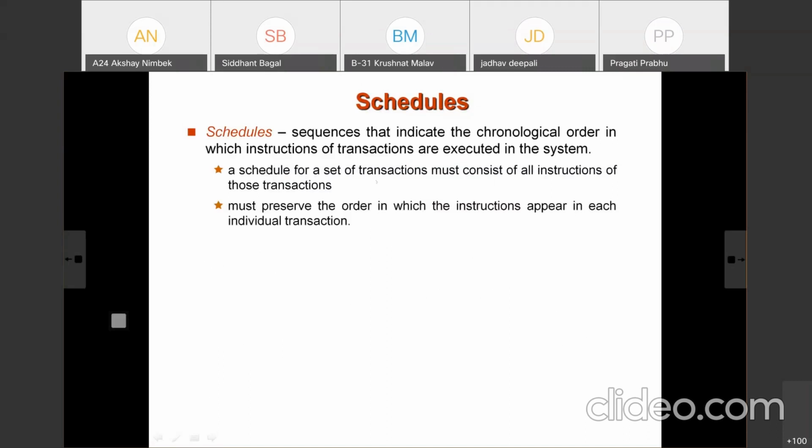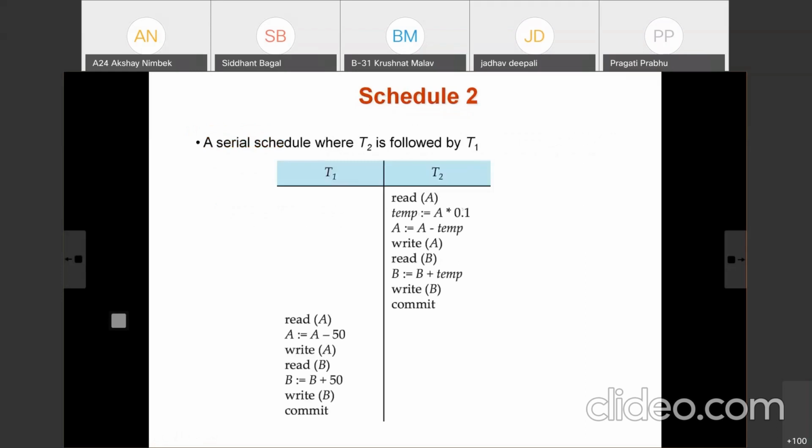A schedule for a set of transactions must consist of all instructions of those transactions. When we consider a schedule for two transactions, it must include all the instructions of T1 and all the instructions of T2.